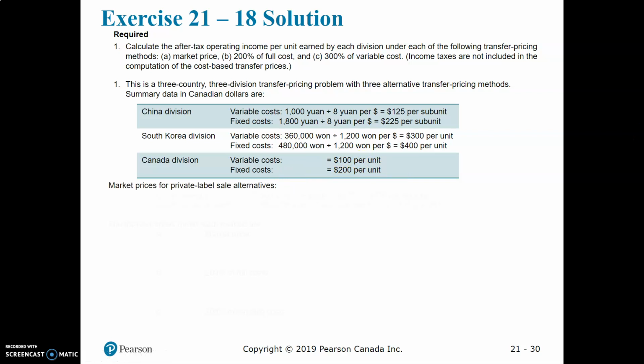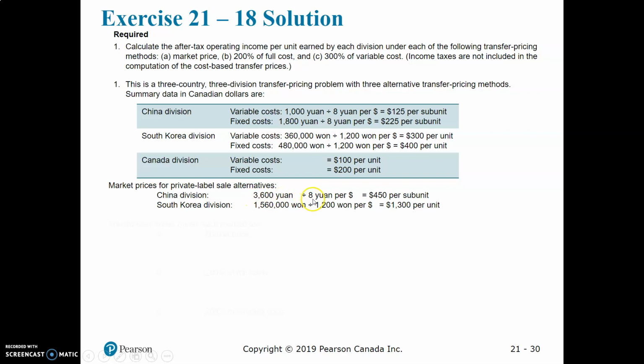Now let's convert the market prices into Canadian dollars as well. We know from the question that both the Chinese and South Korean divisions sell parts of their production to private or other companies. For the Chinese division, the part is sold for 3,600 yuan.